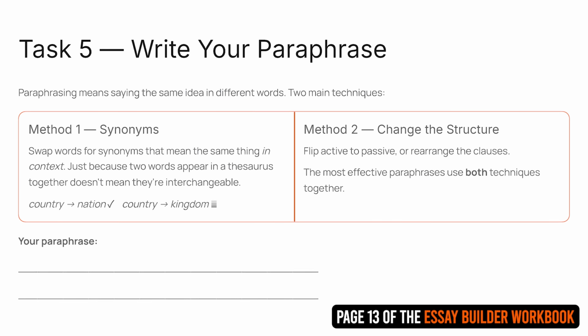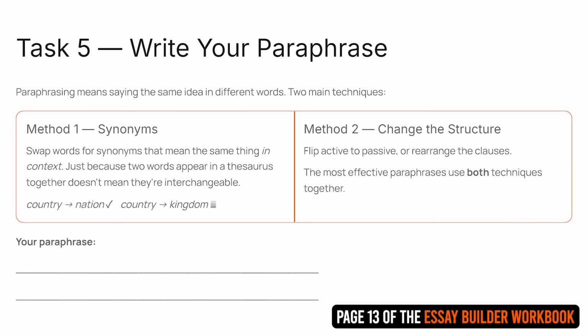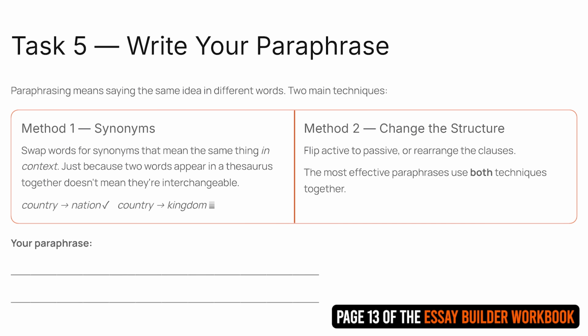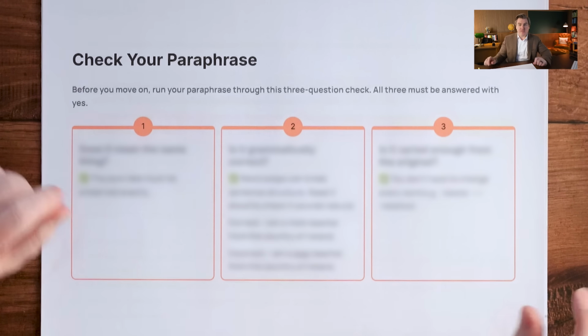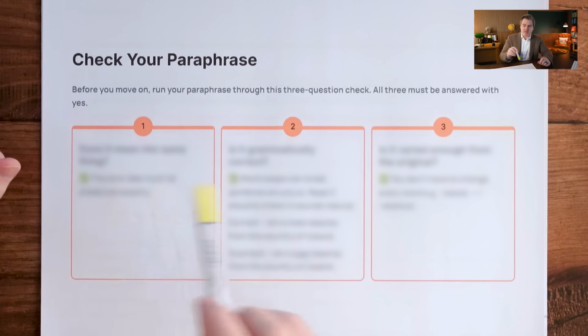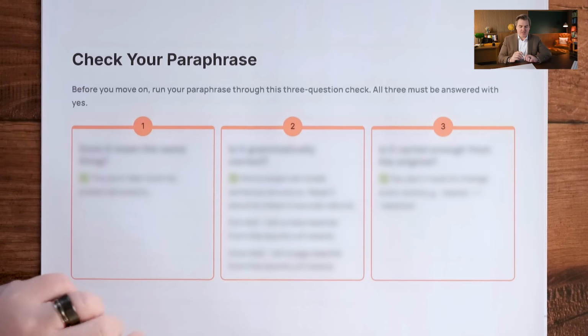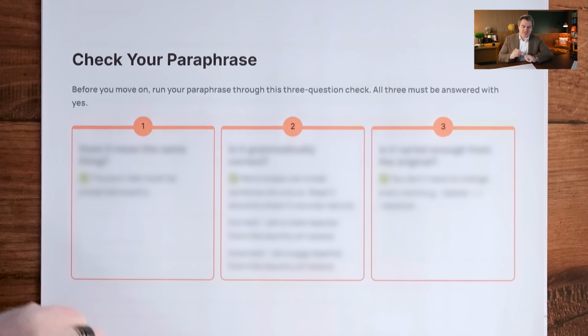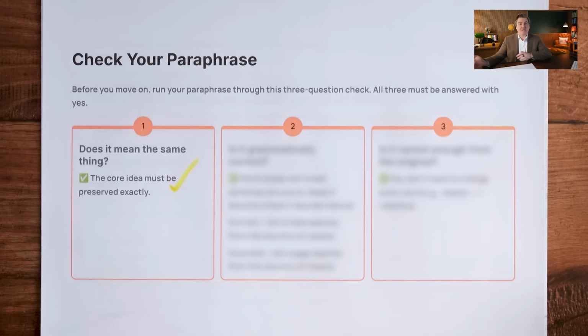If you want to test your skills, go to your workbook, and I have set you a little challenge. It is task number 5 in your workbook. And once you do that, you can use this little checklist to check whether your paraphrase is correct or not. Number 1, does it mean the same thing?